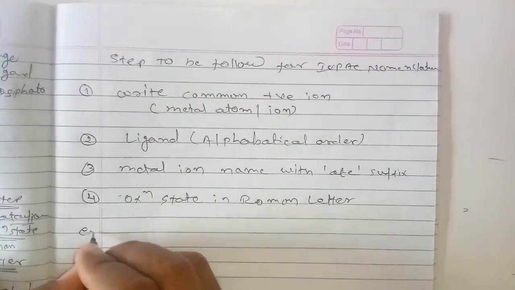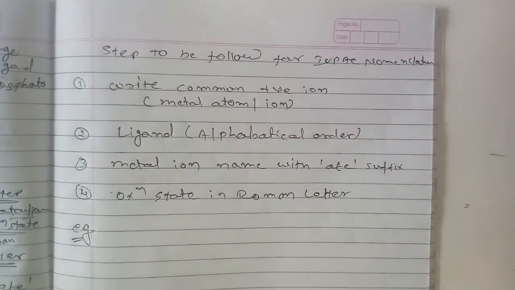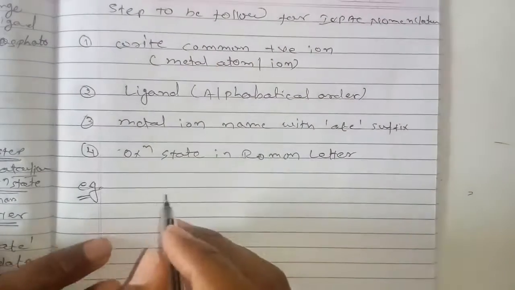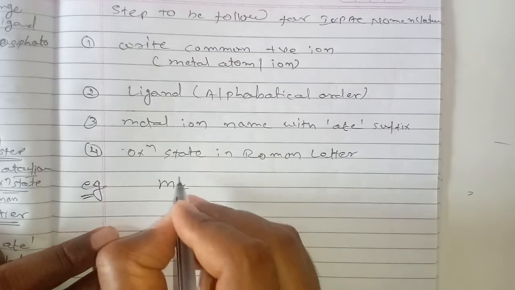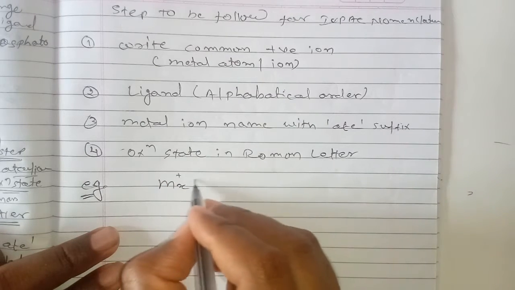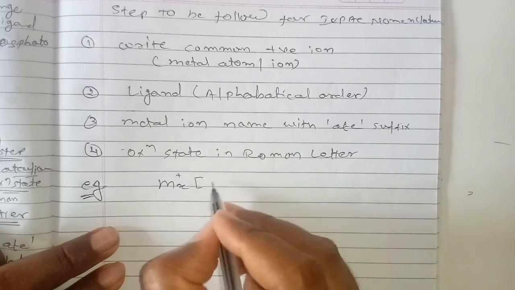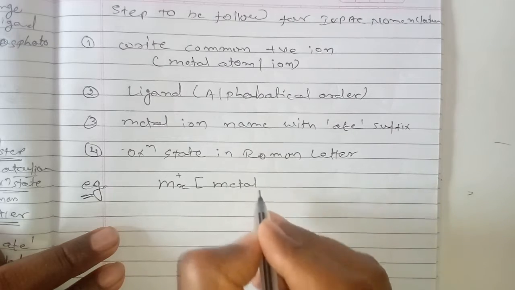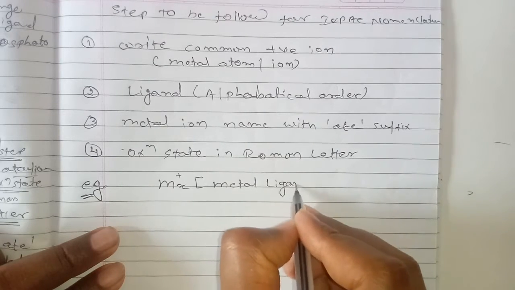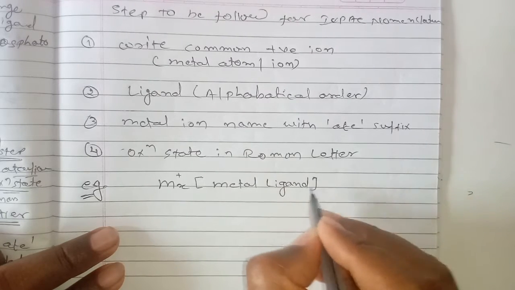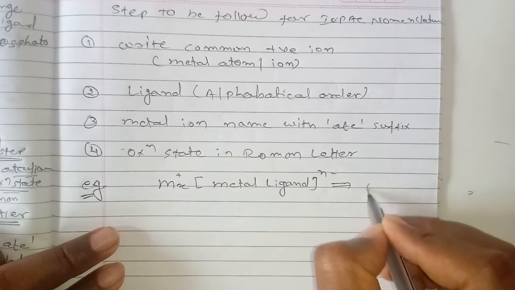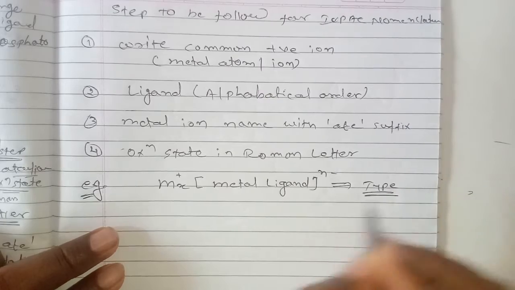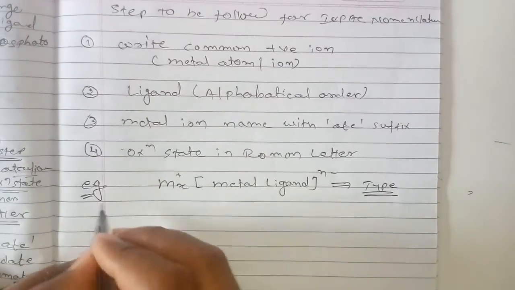For example, here the metal atom or ion, then the ligand, square bracket, and charge, this type of coordination compound.